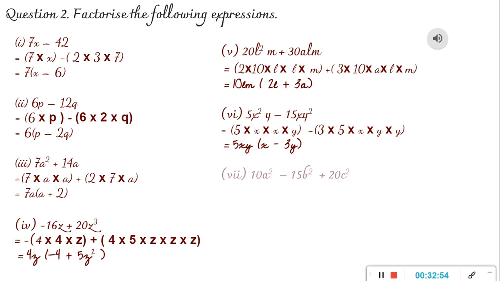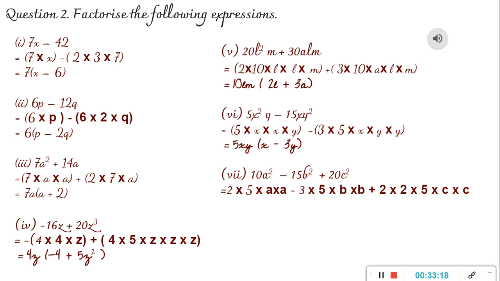Now the seventh one, 10a square minus 15b square plus 20c square. So factorize all three terms. In this case, three terms are there. First term 2 into 5 into a into a, minus second term 3 into 5 into b into b, plus 20c square can be written as 2 into 2 into 5 into c into c.